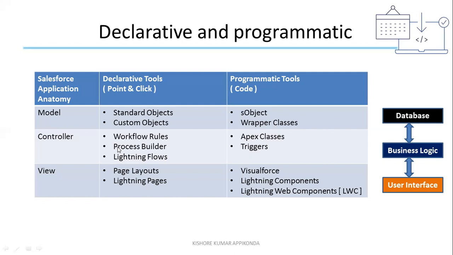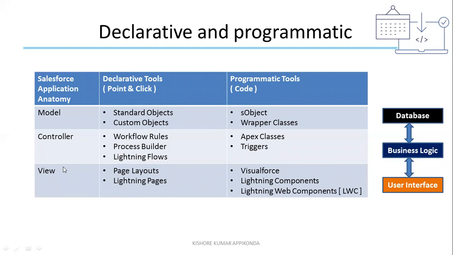In that case, we have to do some customization. For that, in Salesforce we have Apex classes and triggers. A trigger is something that, whenever you create or update a particular record, is fired automatically and performs some kind of actions.